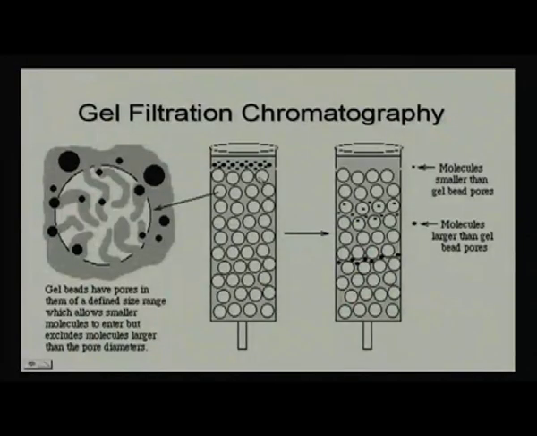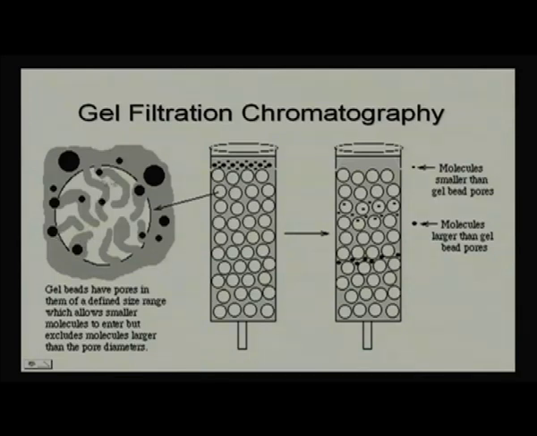Now, here you see the picture I gave you, this is the bead, and here the different macromolecules, based on their size, are entering. The biggest one cannot enter, but the smaller and the smallest ones can enter inside the bead.